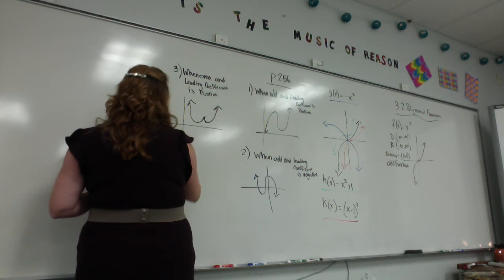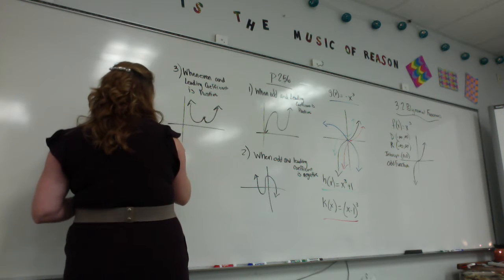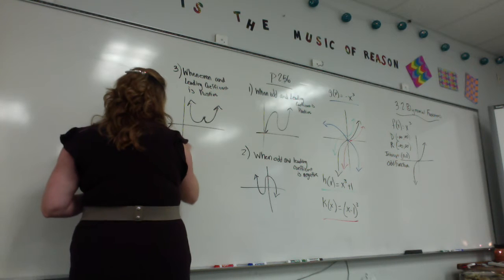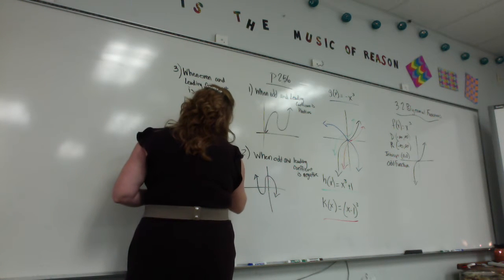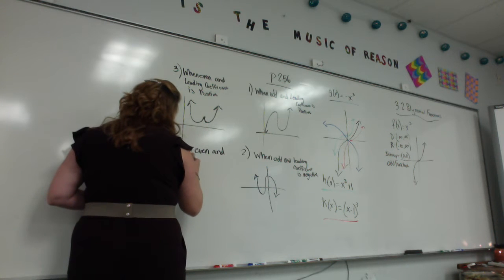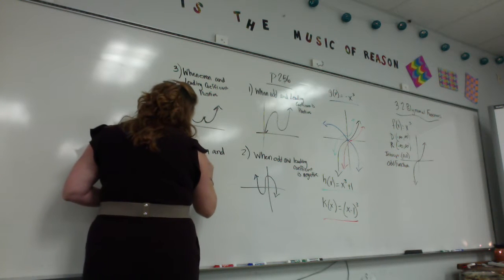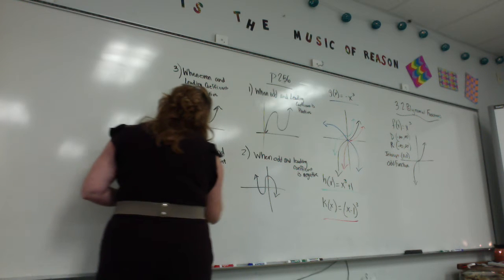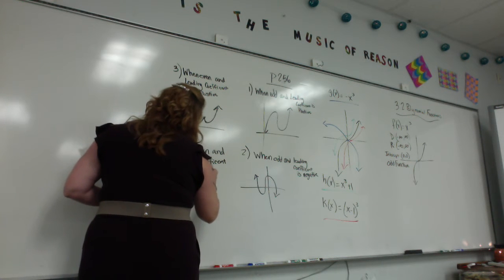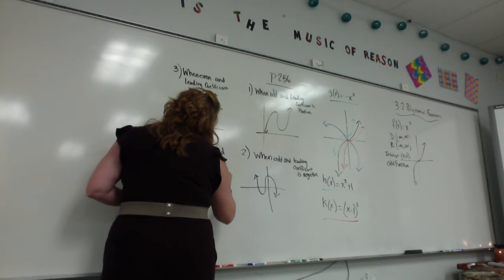When you have an even power and the leading coefficient is negative, you have a backwards W, basically.